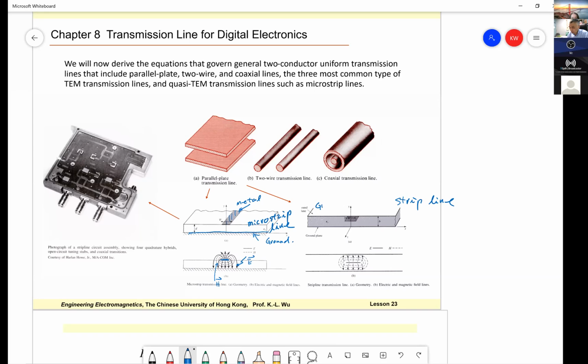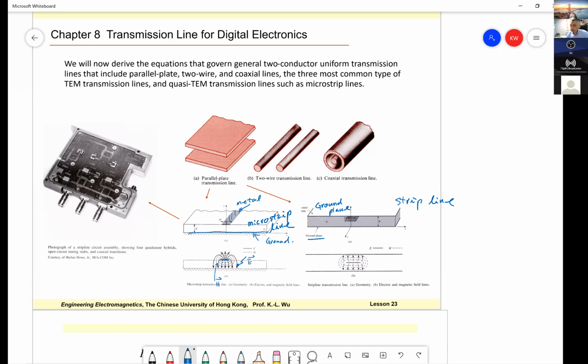This is a ground plane. This is also another ground plane. We have two ground planes, so the radiation effect becomes minimal. So this is also a type of transmission line.